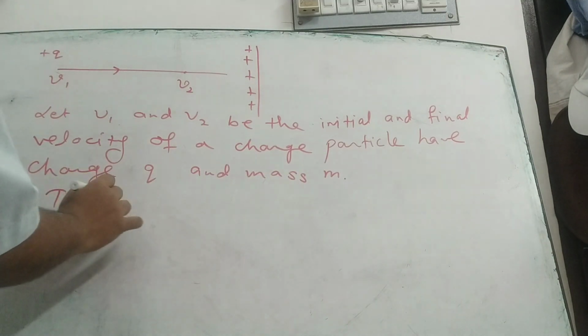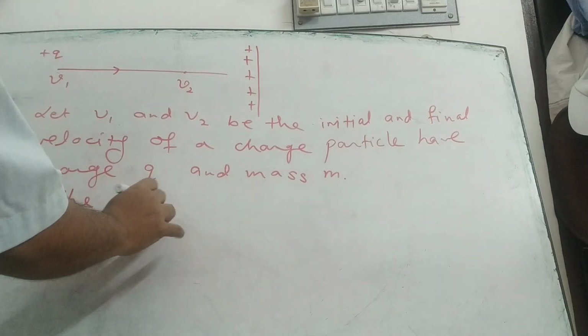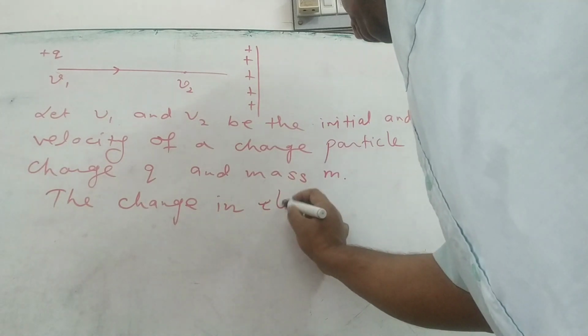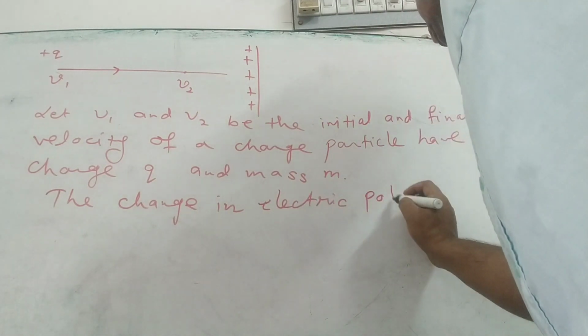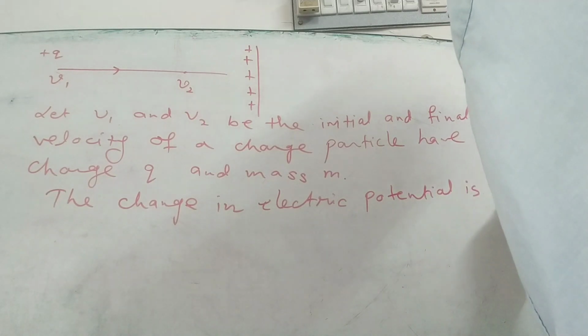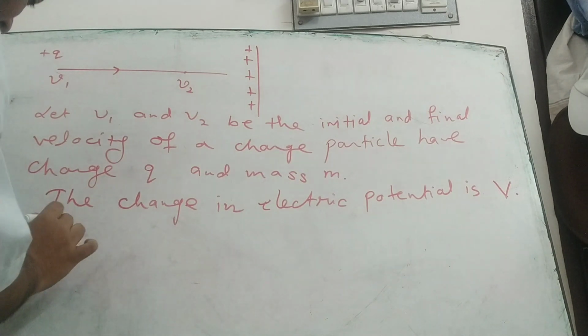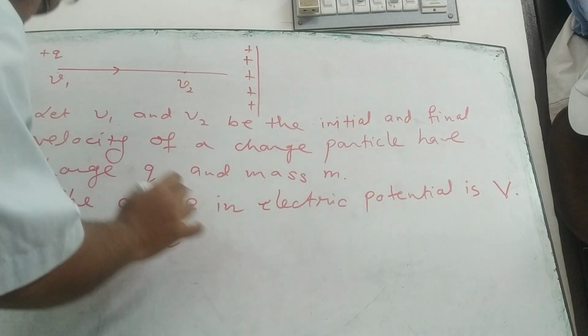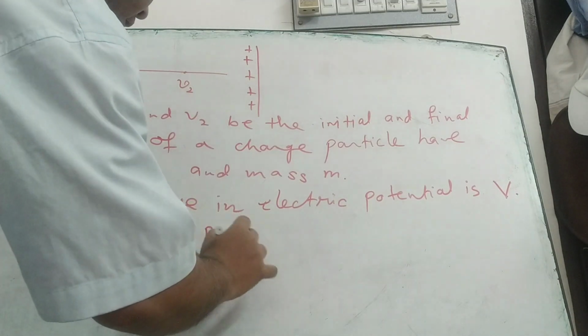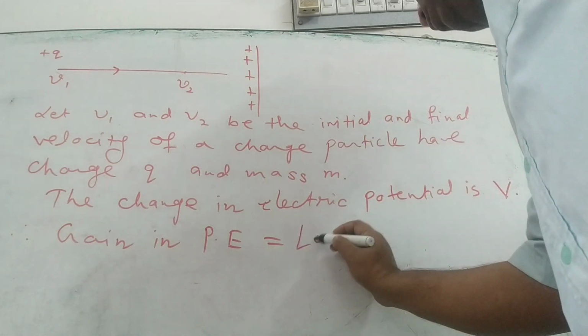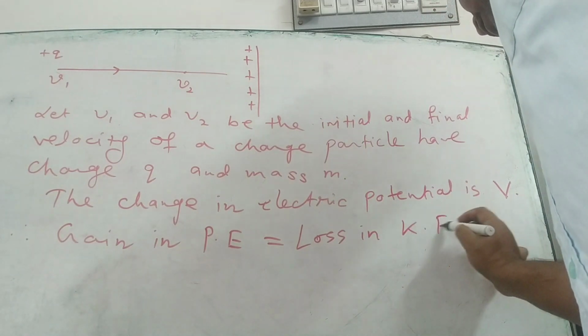The change in electric potential is capital V. Therefore, gain in potential energy is equal to loss in kinetic energy.